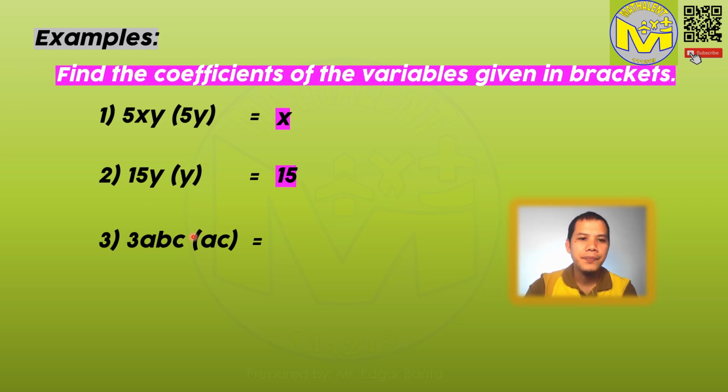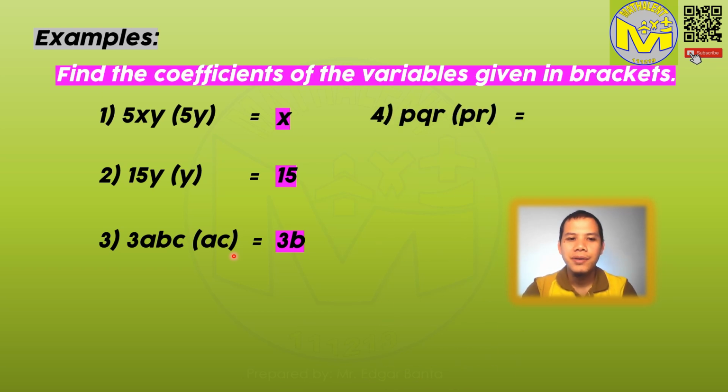Number 3, in 3abc, what is the coefficient of variable ac? Answer, it is 3b. Good. Number 4, pqr. The variable is pr. In here, p and r. Put pr in the bracket.